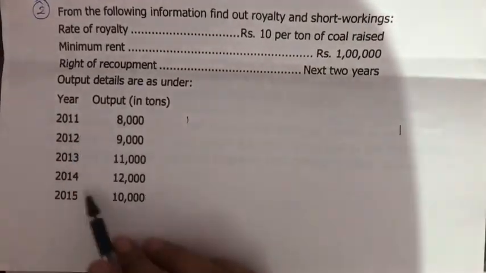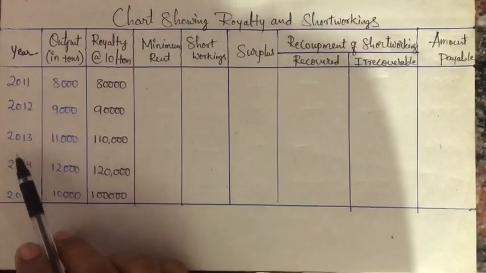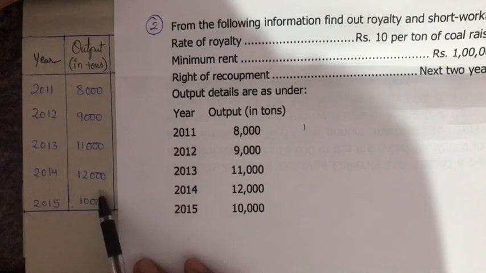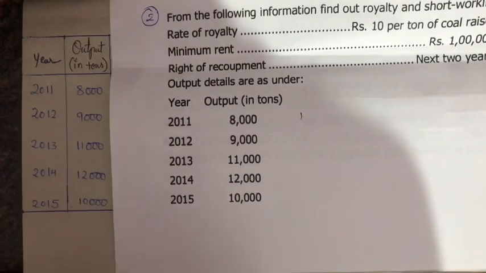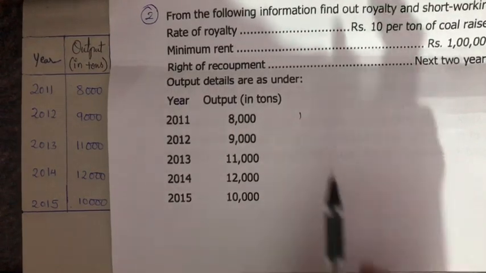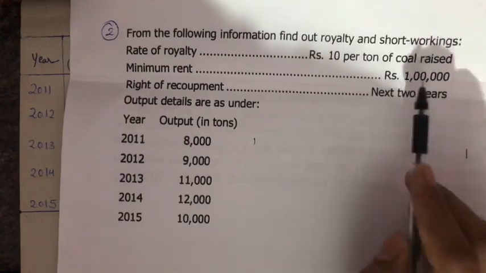I have taken these figures in the problem right here. First year, second year, third year, fourth year and fifth year, and the output 8,000, 9,000, 11,000, 12,000 and 10,000 respectively. These are the given figures. The next column will be royalty. As they said, we have to pay rupees 10 per ton for every coal raised.